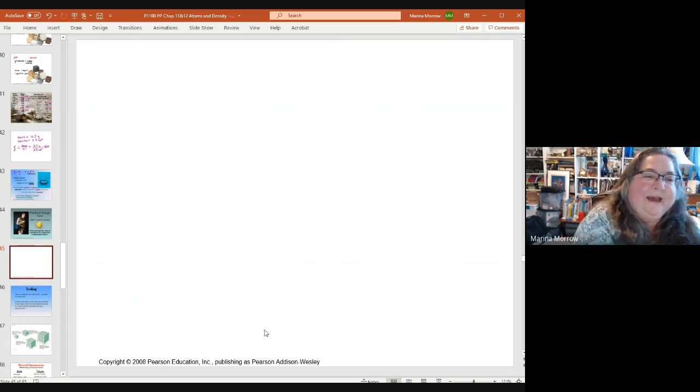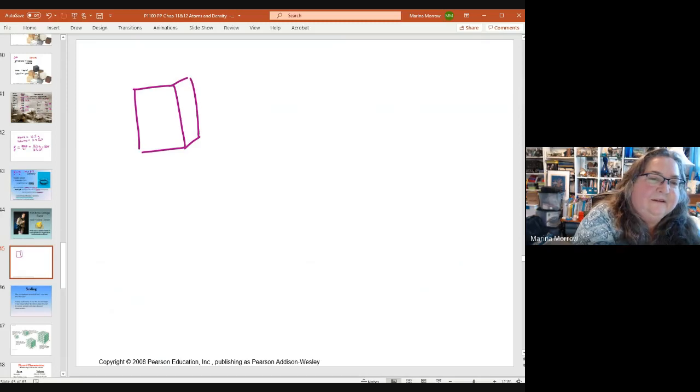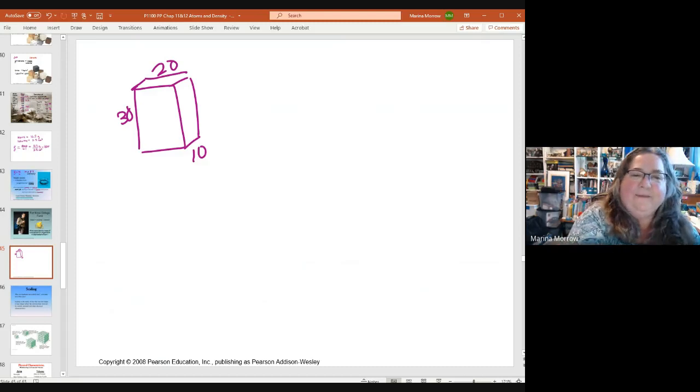Okay, so our backpack is 20 by 30 by 10. So 30 here, 20 there, 10 there. We can get the volume of the backpack: length times width times height.